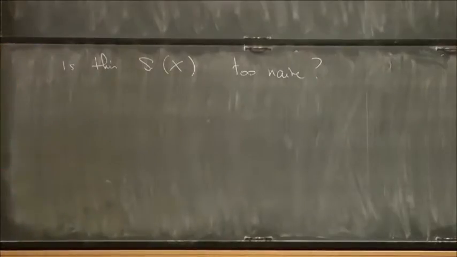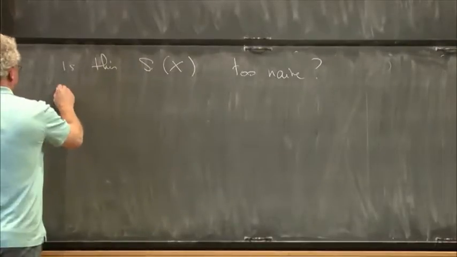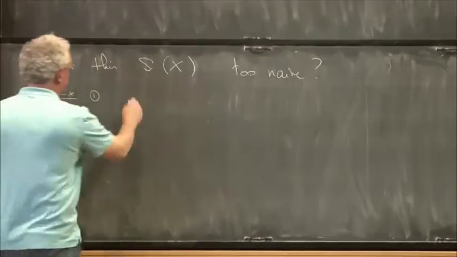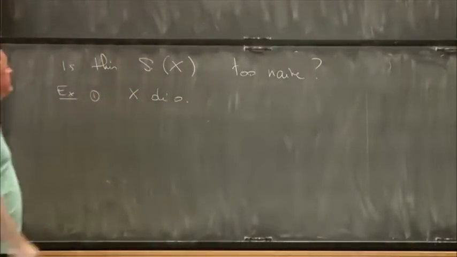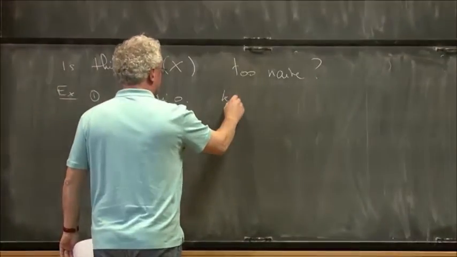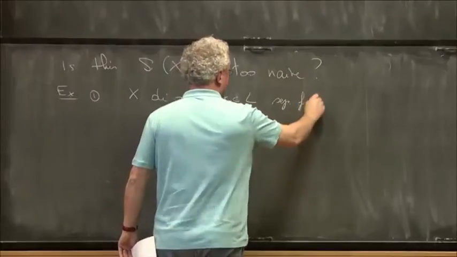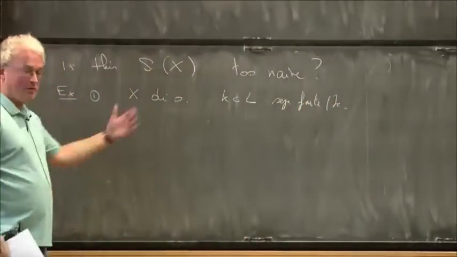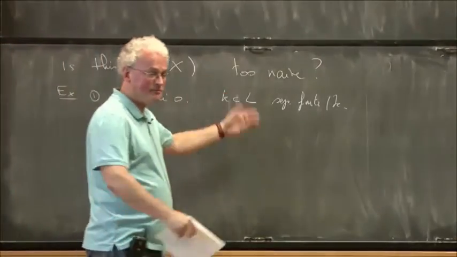So let's see the answer. Let me give a first trivial example: X has dimension 0. So it is a finite separable extension of K. Either it is equal to K, and then this is the constant simplicial set equal to the point, or it is empty.